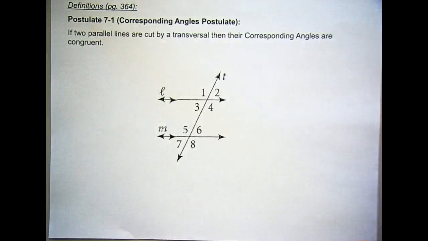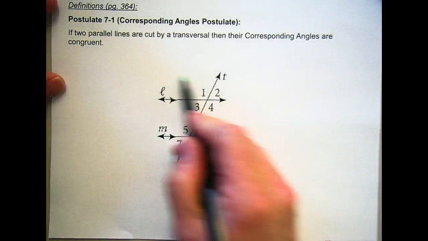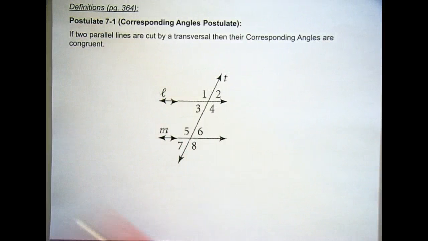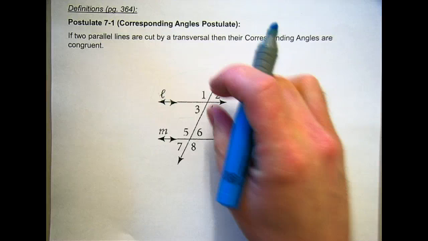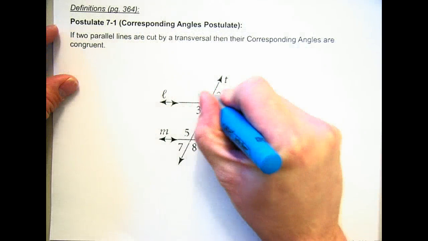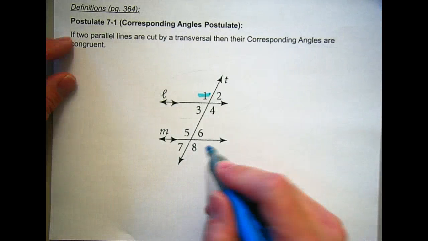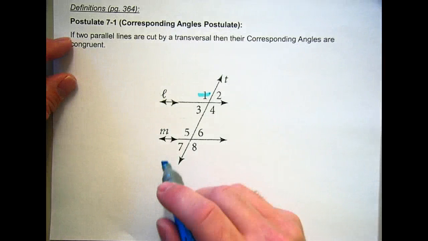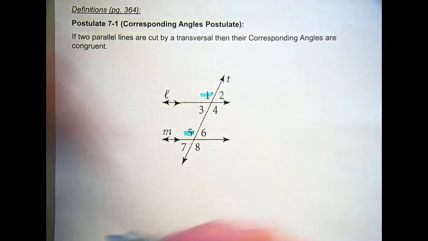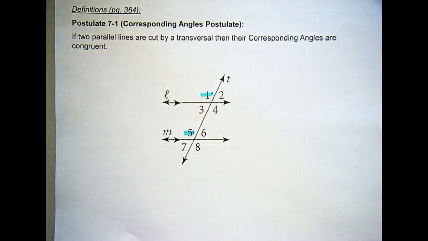Corresponding angles mean if I were to cut this part out right up here, and I were to cut this part out down here, and I were to lay those two sets of four angles on top of each other, angle 1 would lie on top of which angle down here? 5. Lie on top of 5. Those are corresponding angles. Those angles are congruent.